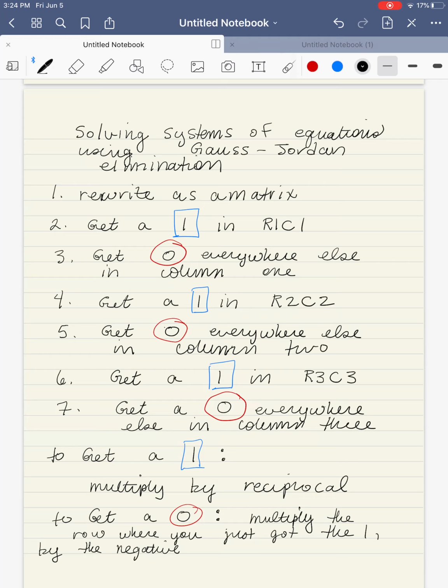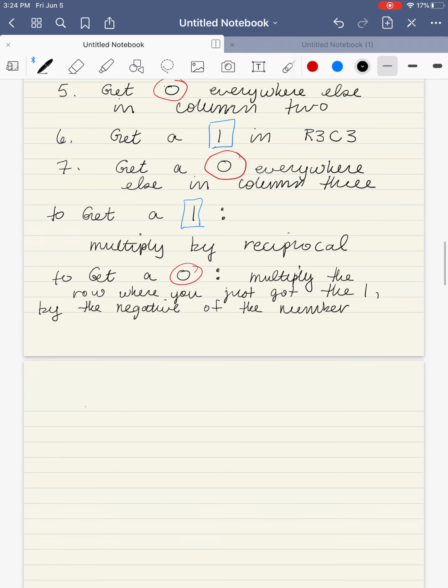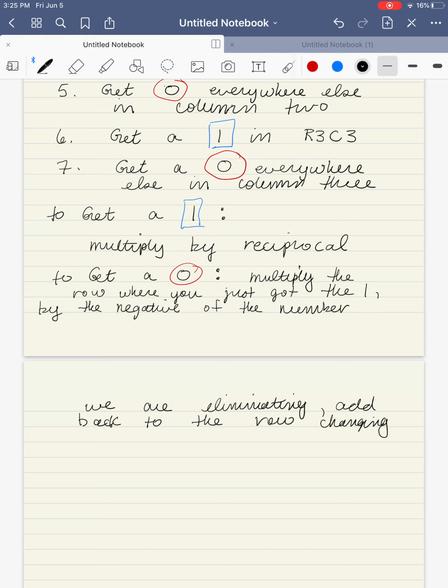Because if you add 5 and negative 5, you get 0. 2/3 and negative 2/3 is 0. Negative 4/3 and positive 4/3 is 0. So for this, we're eliminating by adding. We're multiplying by the negative of the number we are eliminating, and then adding back to the row that's changing. So we are always multiplying and adding.